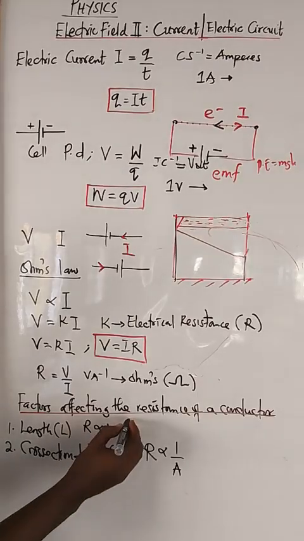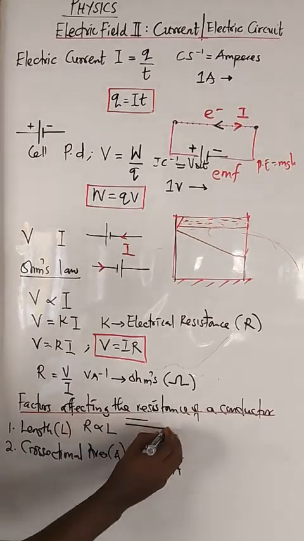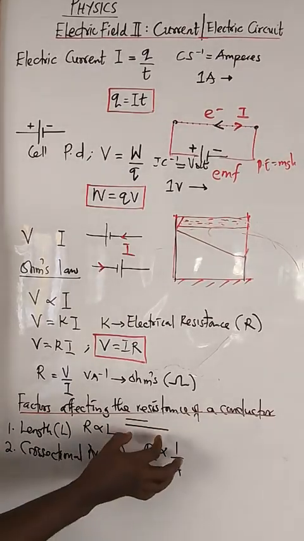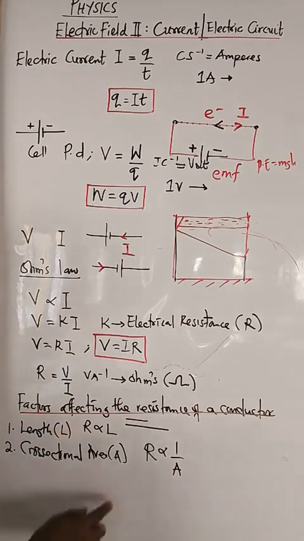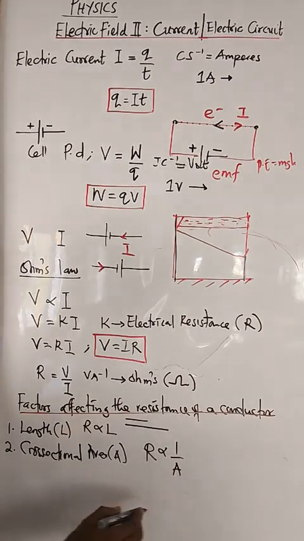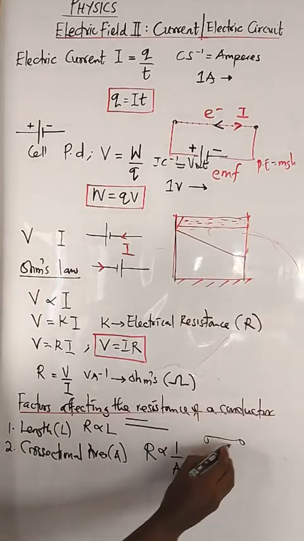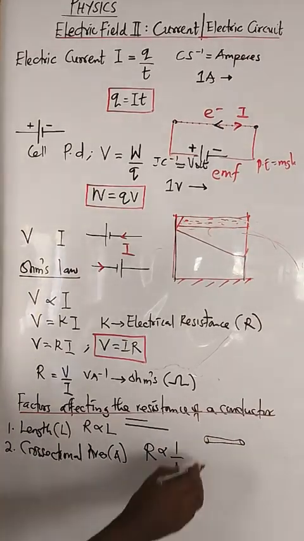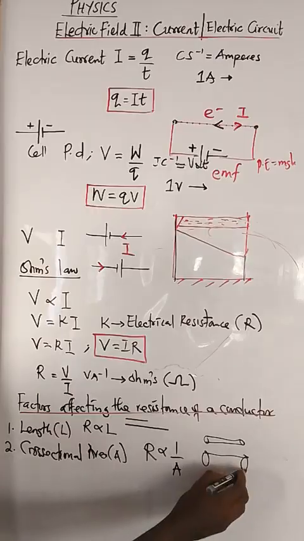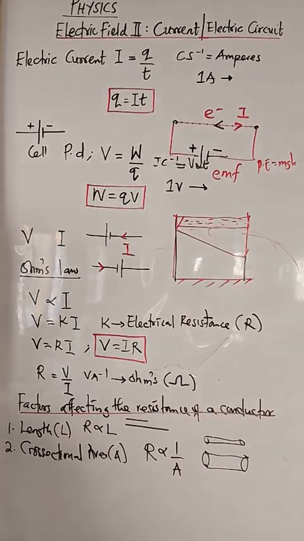For this first part, I have this conductor and this conductor. The longer one will resist the flow of current more. Second one, cross-sectional area. If we have this conductor this way, this is like a cylinder, and these have equal length. This one will resist the flow of current more.